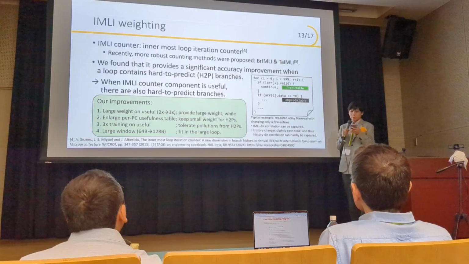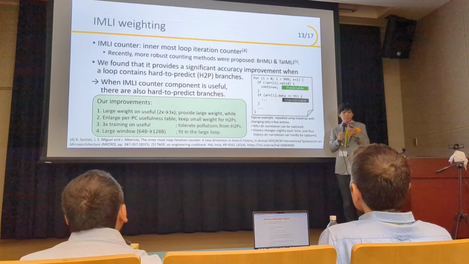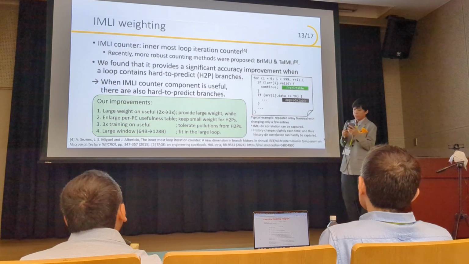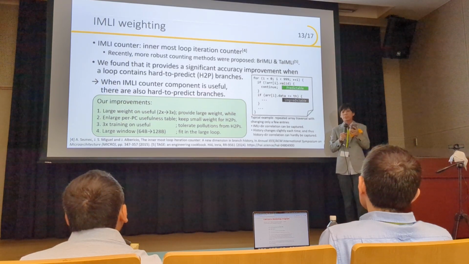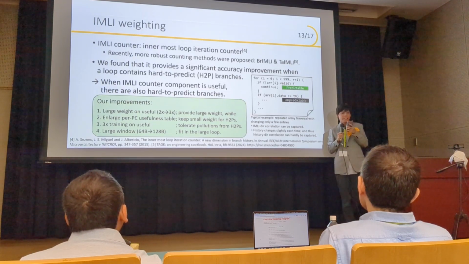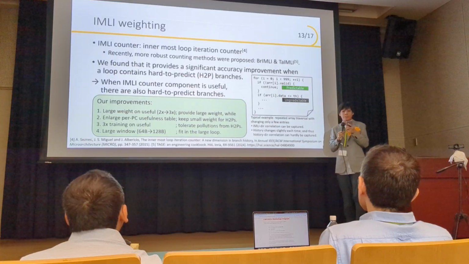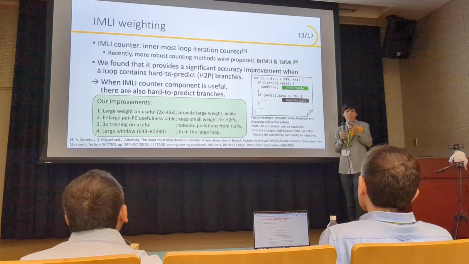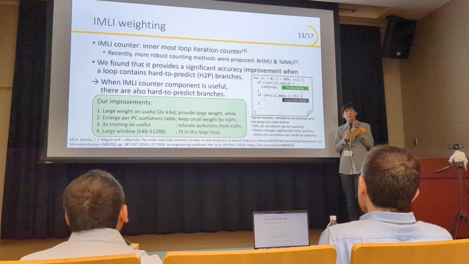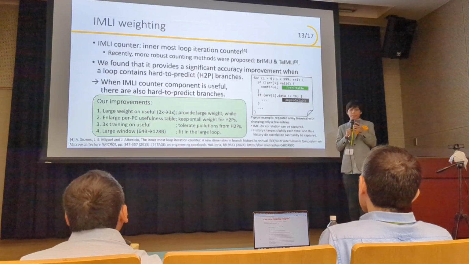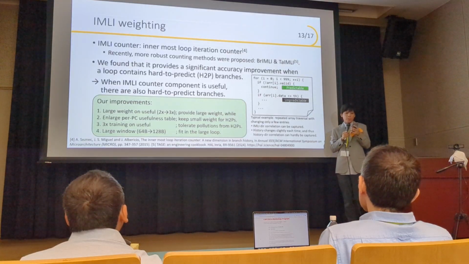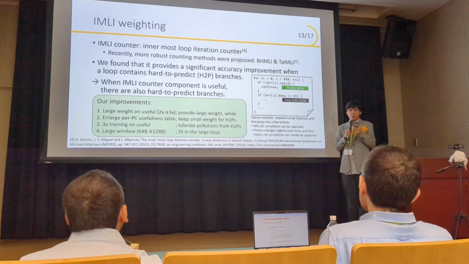The third contribution, IMLI weighting. IMLI is the inner most loop iteration counter, and we use the recently improved version. IMLI significantly contributes to accuracy when a loop contains hard-to-predict branches. This means when the IMLI component is useful, there are also hard-to-predict branches.